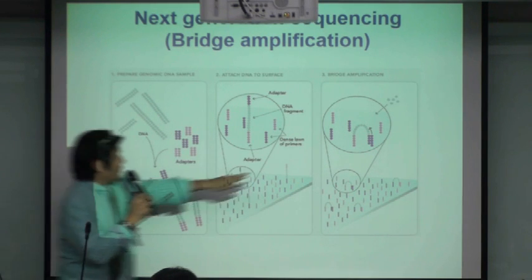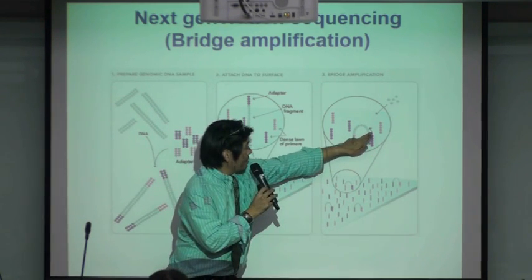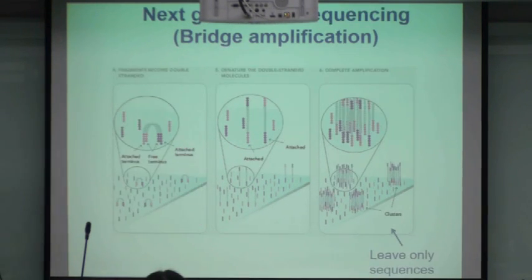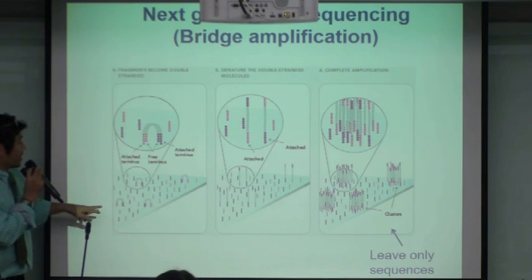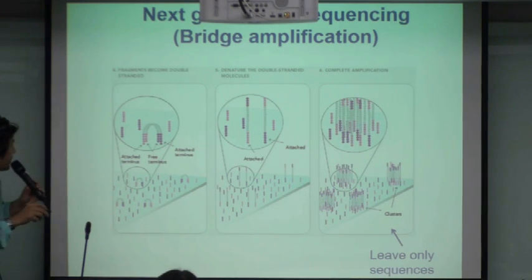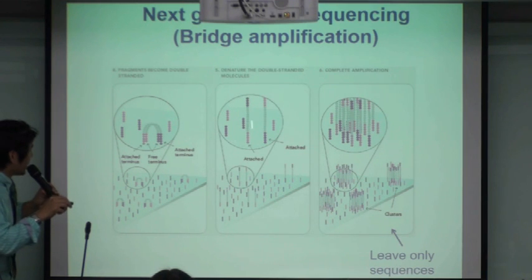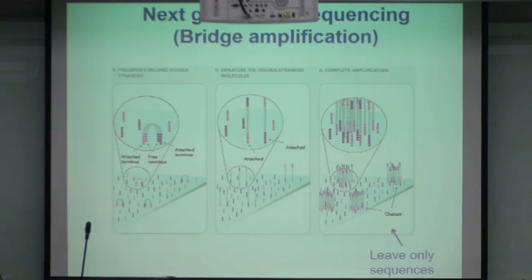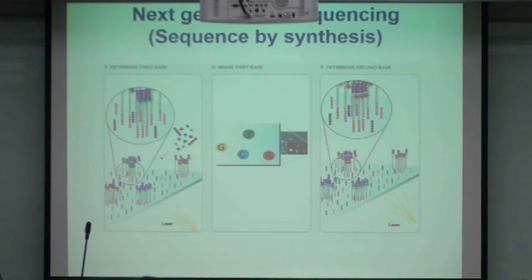So you have an amplified product of this one end, and then after that amplification, the sequencer does the reading of the different nucleotides as it goes. Your nucleotides are tagged with different fluorophores.